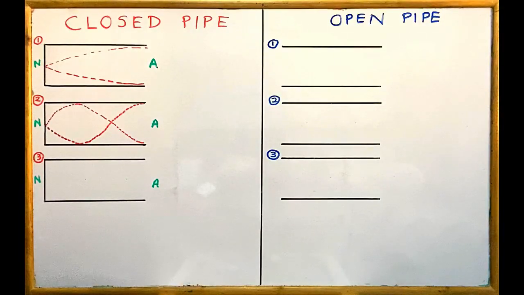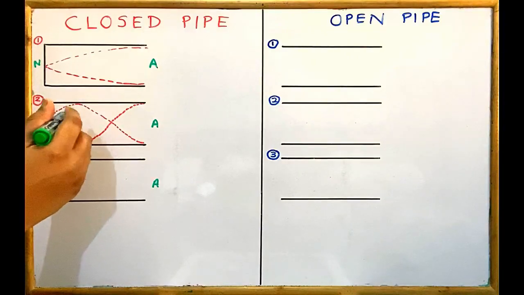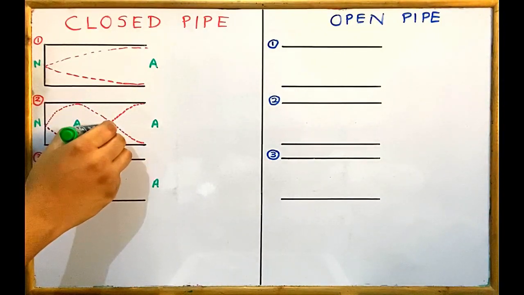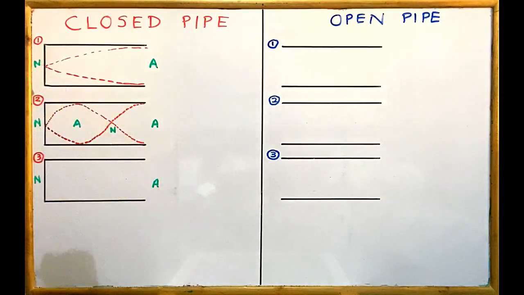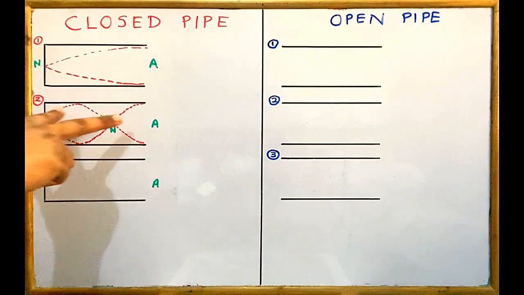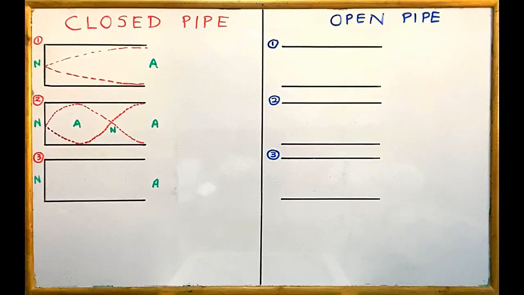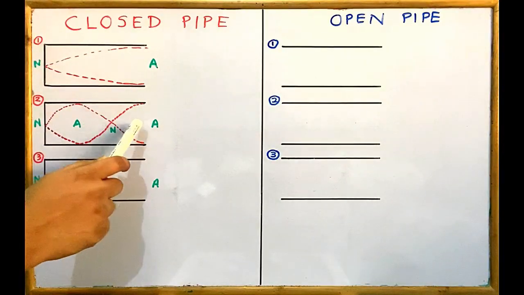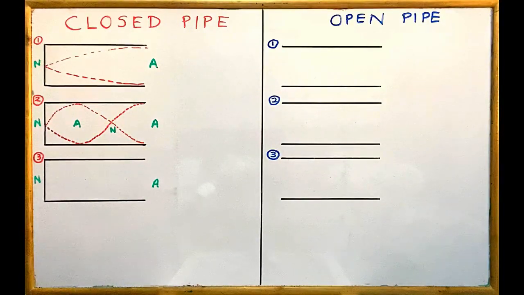So as you can see, we have a node, adjacent to the node we have an antinode, and then again here we have a node, and then again an antinode. So two nodes, two antinodes, that's the next higher mode of vibration. So this would correspond to the fundamental frequency, this will correspond to the first overtone, and this third diagram would correspond to the second overtone.